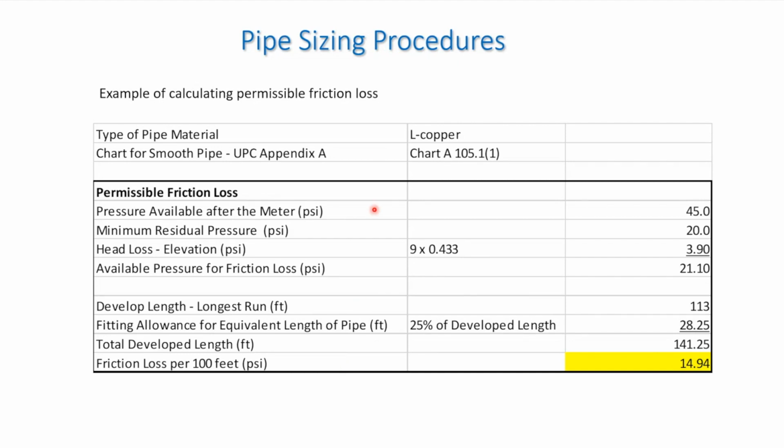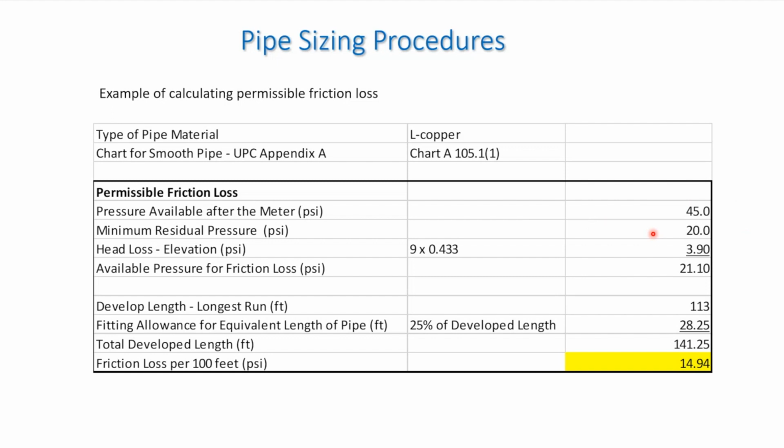So you're identifying the type of material, and what nomograph you're going to use is based on your type of material. This is just an example of some of the friction losses that you need to look at. There may be others, but this is an example, the available pressure at the meter.